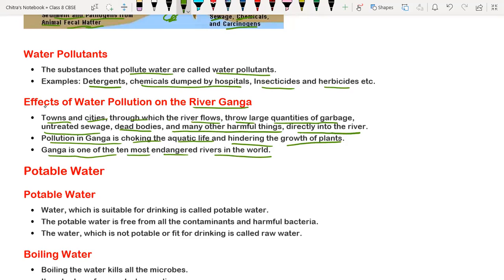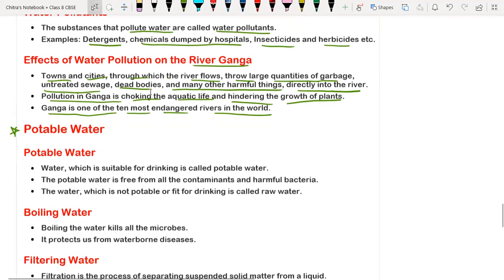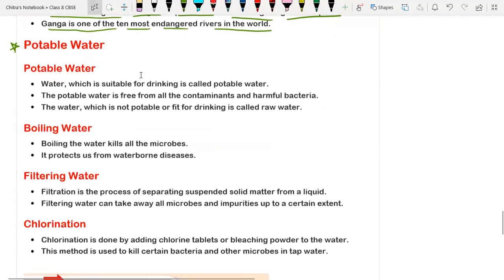Now we have to understand potable water. What is potable water? The water which is drinkable is called potable water. Water which is suitable for drinking is called potable water.